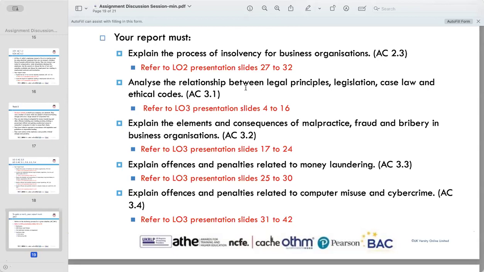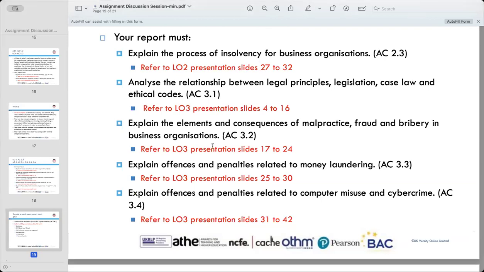Discuss how decisions in legal cases and adherence to ethical codes influence the development of law. Again, references are learning outcome 3 presentation, slides 4 to 16 for insights into the relationship between legal principles, legislation, case laws, and ethical codes.